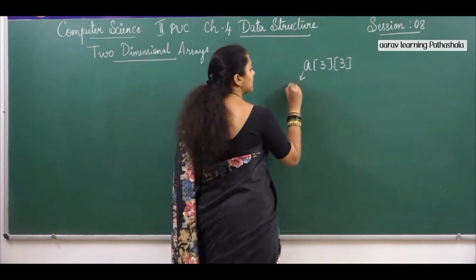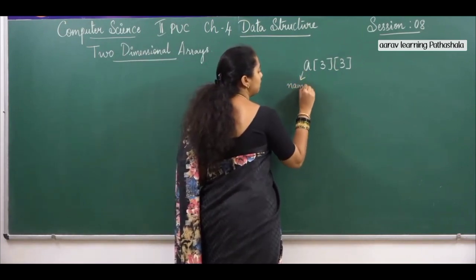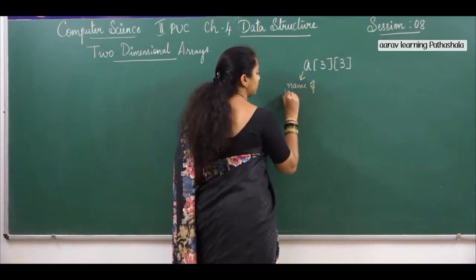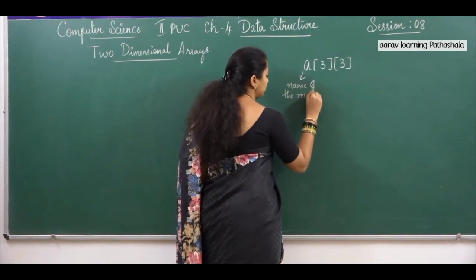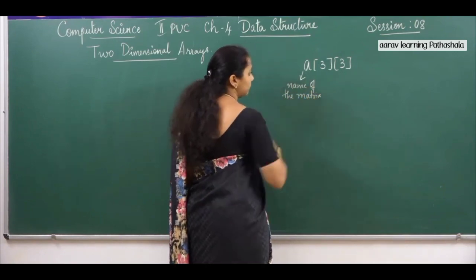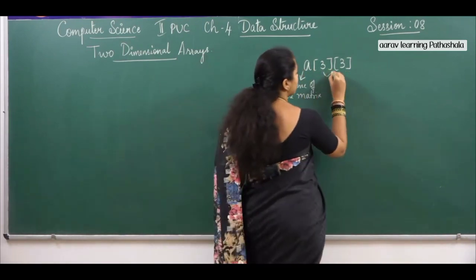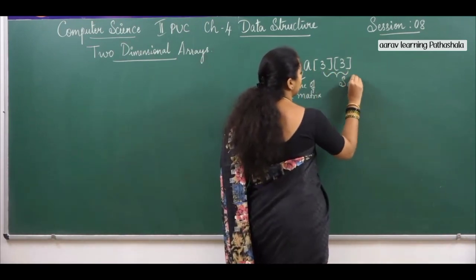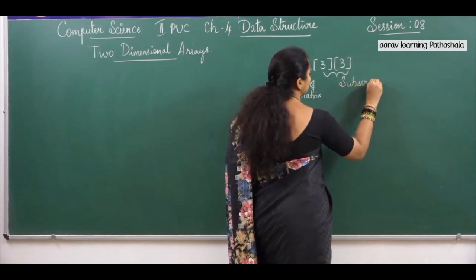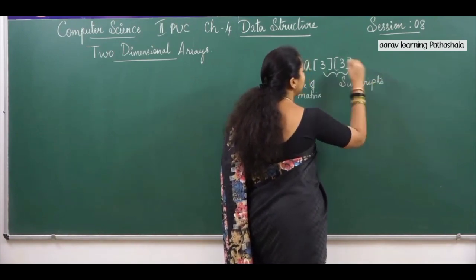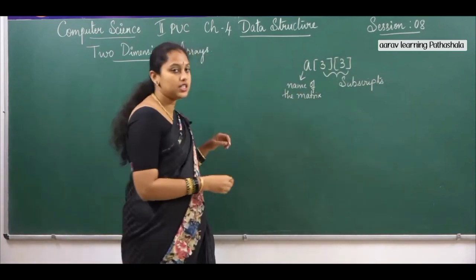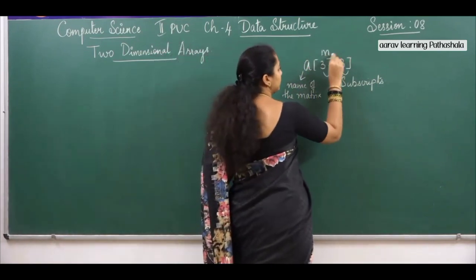Here A is the name of the matrix and 3 cross 3 is called the subscripts. It is nothing but the pair of indices, that is m cross n.